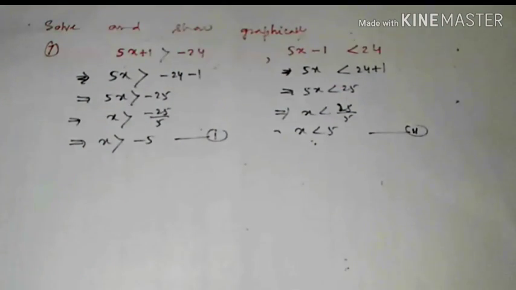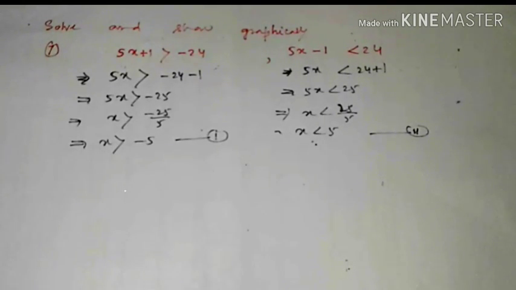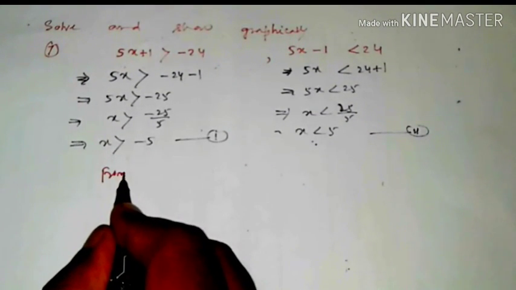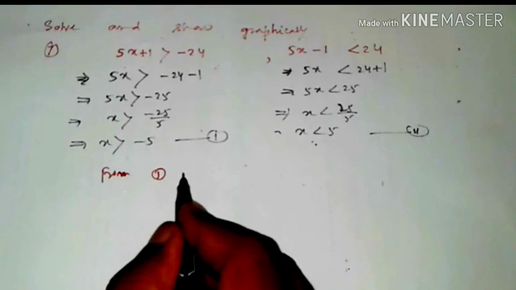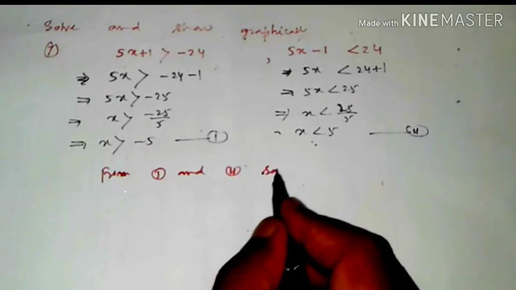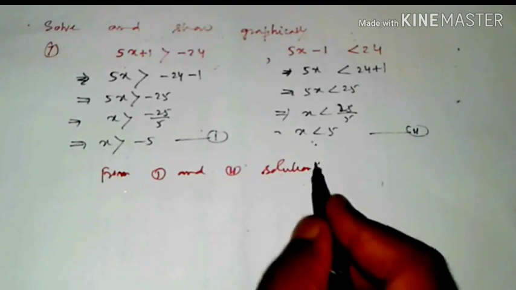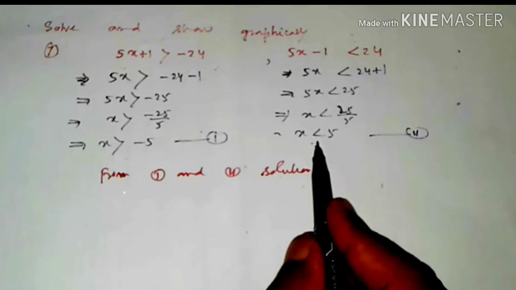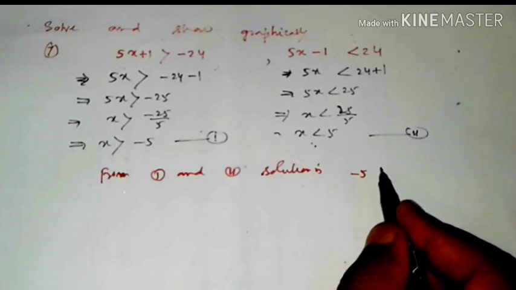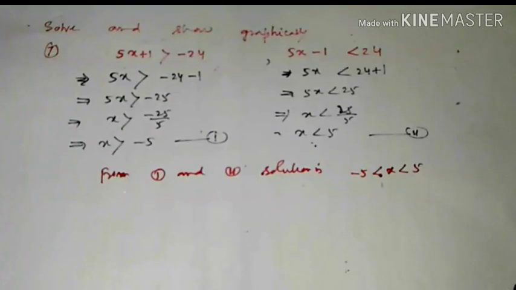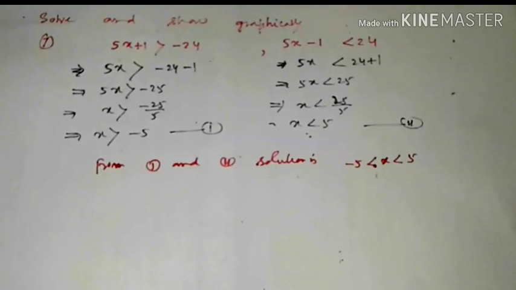From 1 and 2 we see that the solution is, here x greater than minus 5, but here x less than 5, therefore we can write minus 5 less than x less than 5.